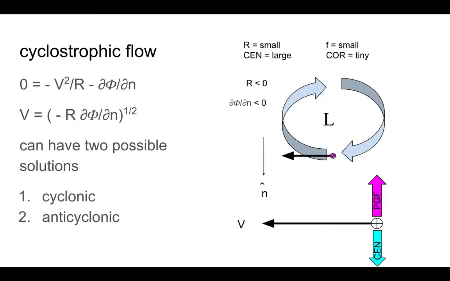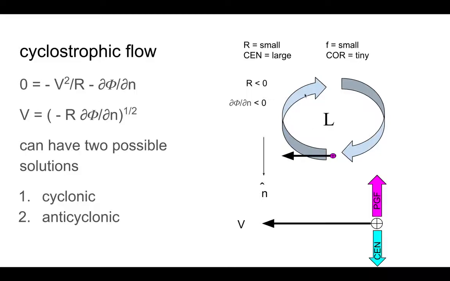So the flow is pointing, in this case, from right to left. And so the n direction is down in this particular example. And so dphi/dn positive means the higher pressure is on the lower side, and lower pressure is to the right in this particular example. And so this should say dphi/dn greater than 0.